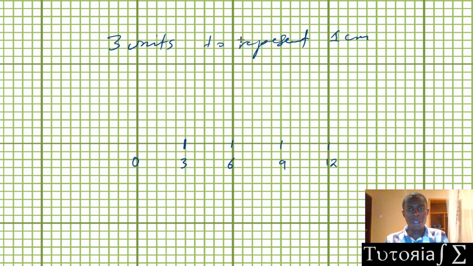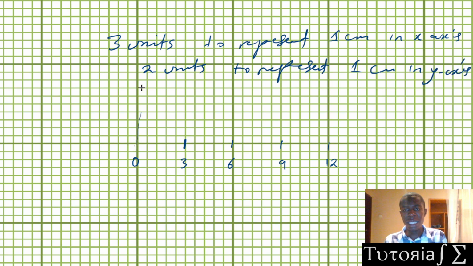Same applies here. Maybe they told you to represent in the x-axis, you do that. Then same applies if you're told to represent maybe 2 units to represent 1 centimeter in the y-axis. Again, you do the same thing.